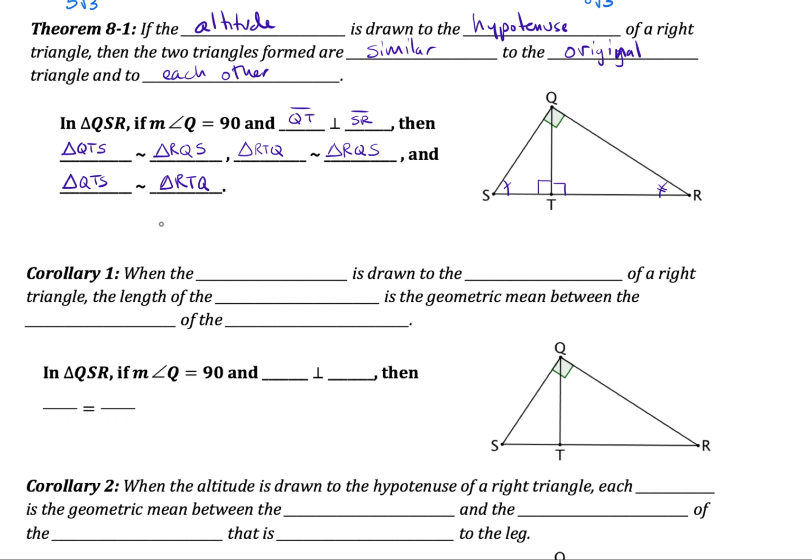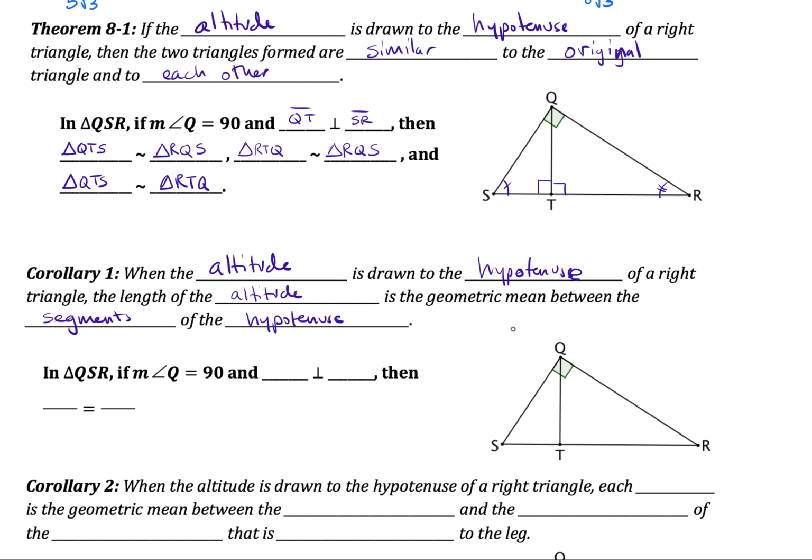So corollary 1 to theorem 8-1 says that when the altitude is drawn to the hypotenuse of a right triangle, then the length of the altitude is the geometric mean between the segments of the hypotenuse.